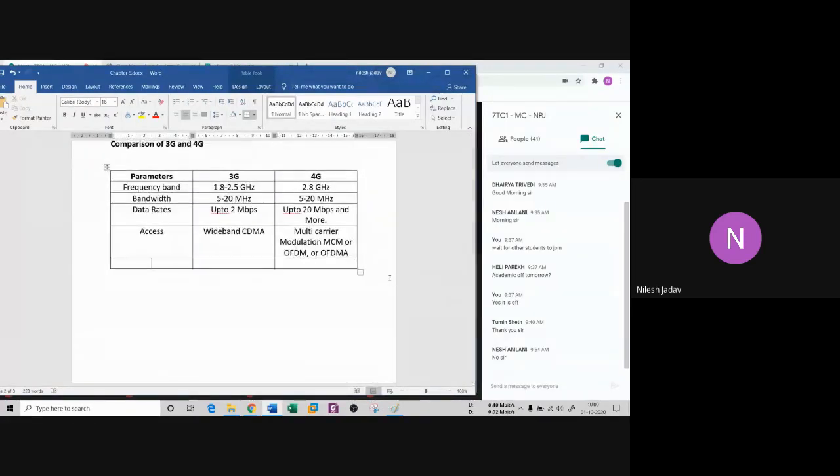Another parameter we can take is error control, forward error correction. Now you see, third generation uses something called turbo codes. I do not know whether you have done Hamming code, convolutional code or block code or something like that.